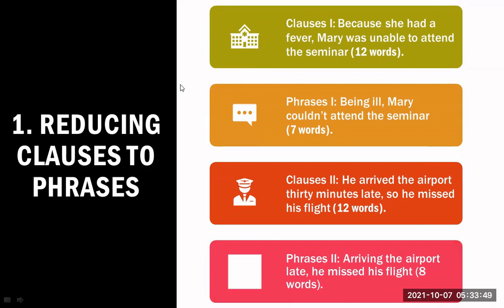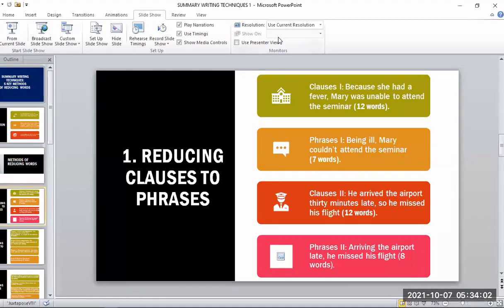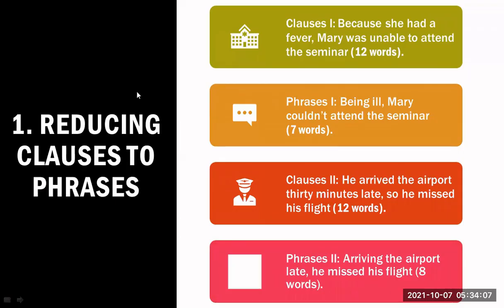We want to look at a clause, then we'll want to look at how we can reduce the clause into a phrase.